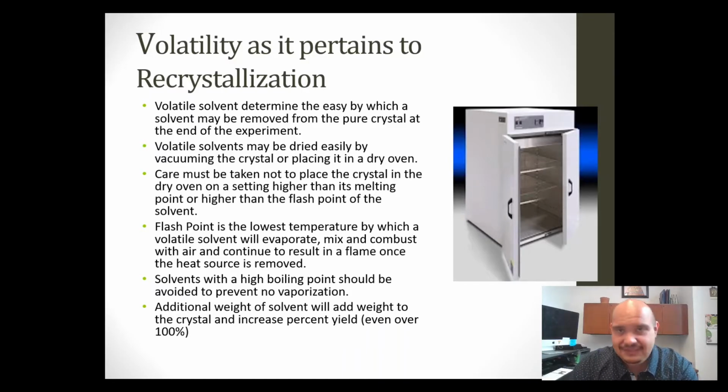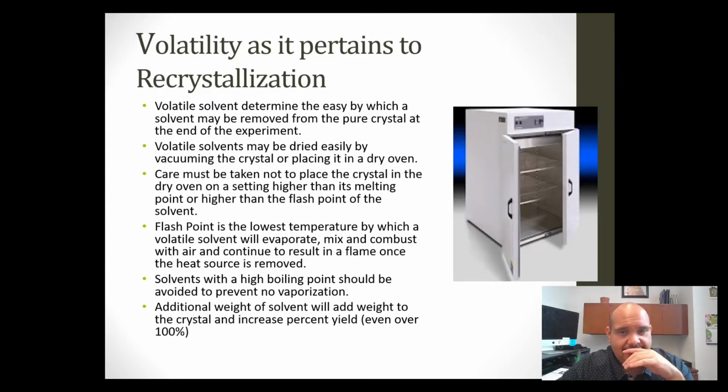And then you're just precipitating your crystal over and over again. So volatility is something you have to consider when you're selecting a solvent too. Volatile solvents are dried easily, and care must be taken to place the crystal in a dry oven setting that's lower than the melting point of the crystal, but also hot enough to vaporize your solvent away.